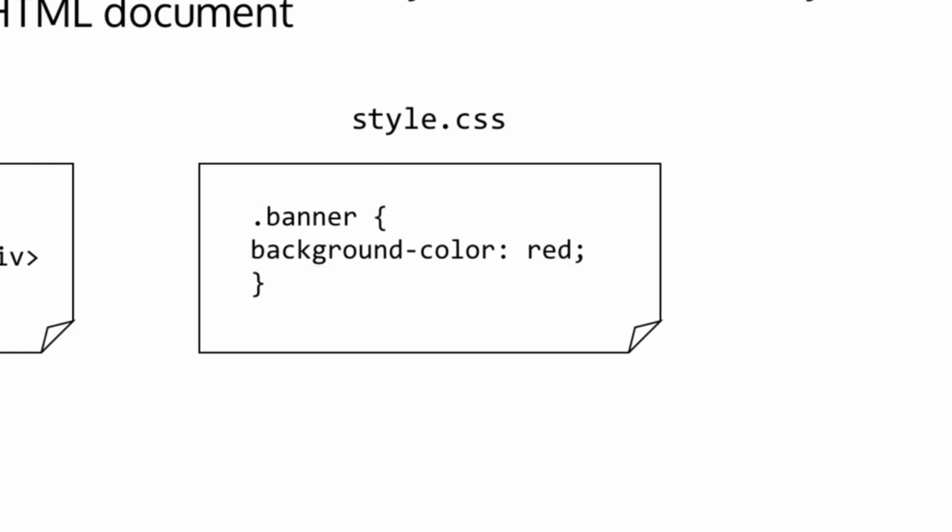In this case, background color is the property, and red is the value. Between the property and the value, we have a colon. And to end the property value statement, we have a semicolon. And of course, we can list multiple property values within that declaration block.